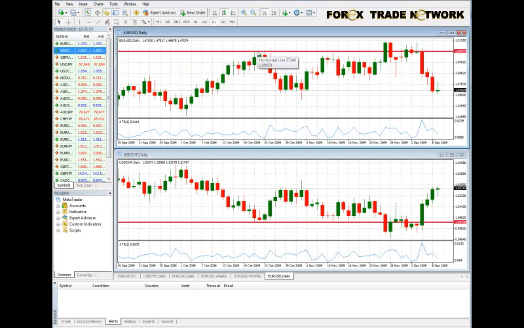It's resistance up here at the top, at the same time support, and that becomes a turning point in which the market begins to travel in the opposite direction.